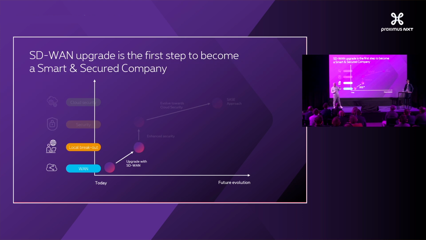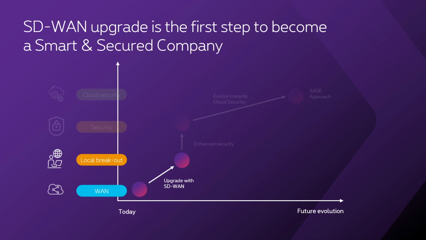Then on your SD-WAN, you can activate local breakout on each branch site, so that your local breakouts are no longer dependent on the bandwidth of your central breakout. Also there, again, a better user experience. Then on those local breakouts, we activate the security.